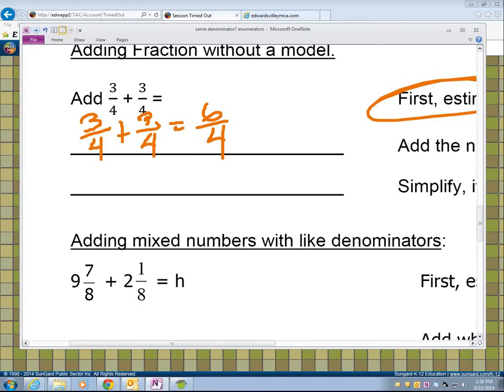Then for the second step, it says to simplify if we need to. Can you simplify without making a mixed number first? A mixed number has a whole number and then a fraction. Can you give us a simplified improper fraction? Yep. Well, not 2/4. What is 6/4 reduced to?